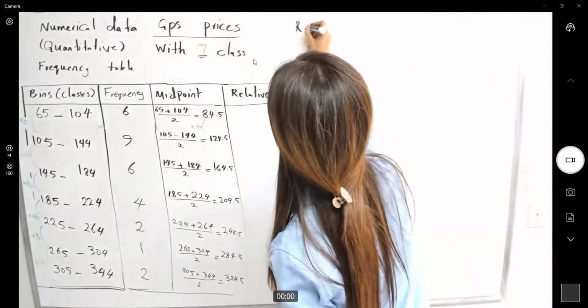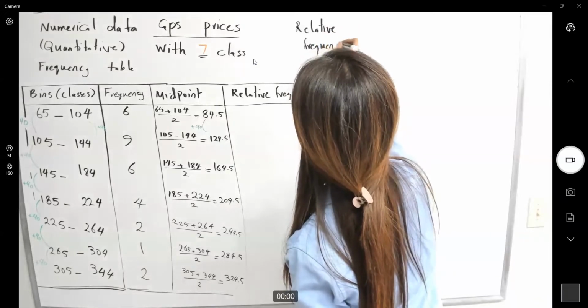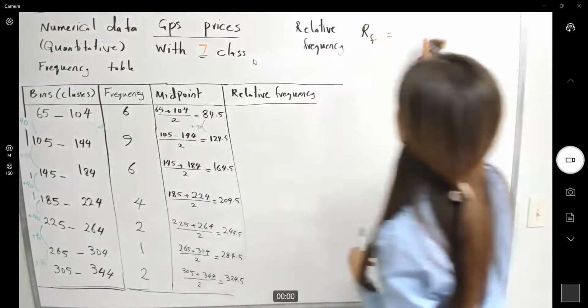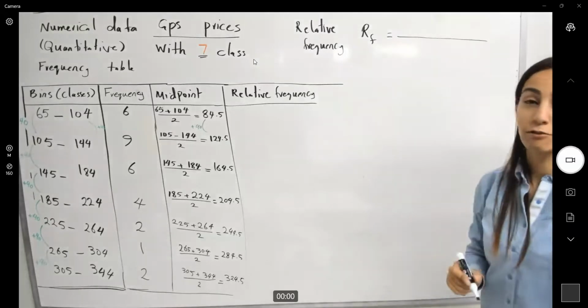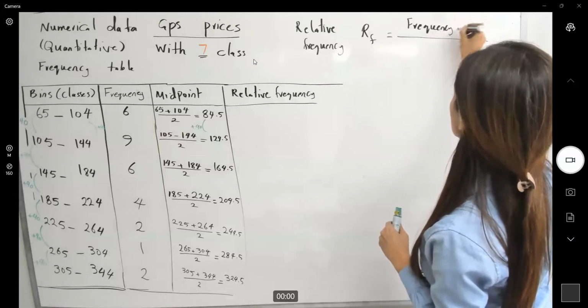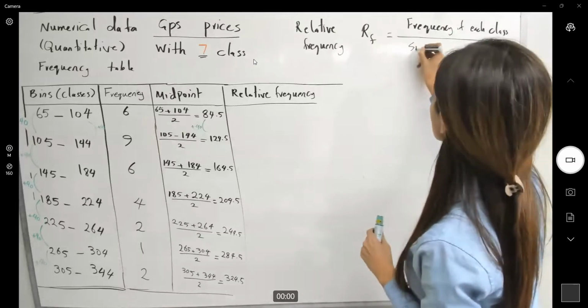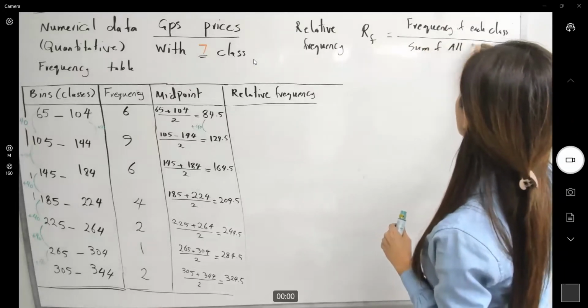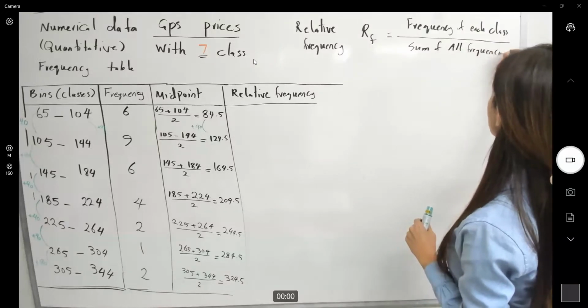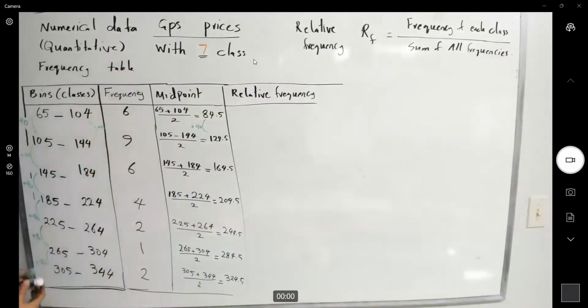Relative frequency or R sub F is equal to, you're going to take the frequency of each class and divide it by the sum of all frequencies. So if I take all of these frequencies and add them together, it's going to be equal to 30.